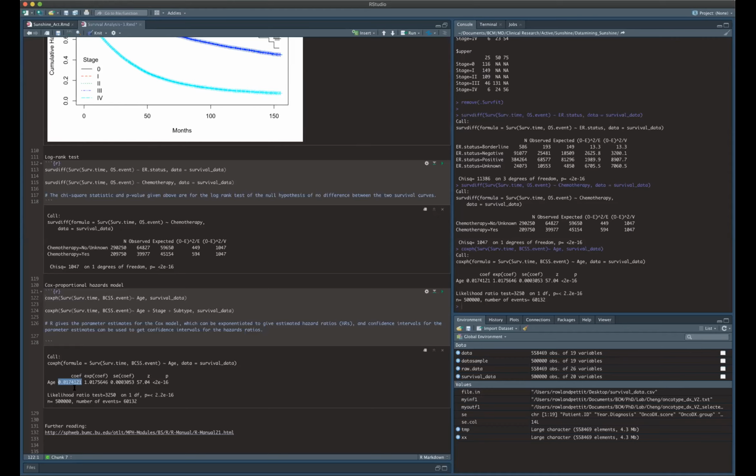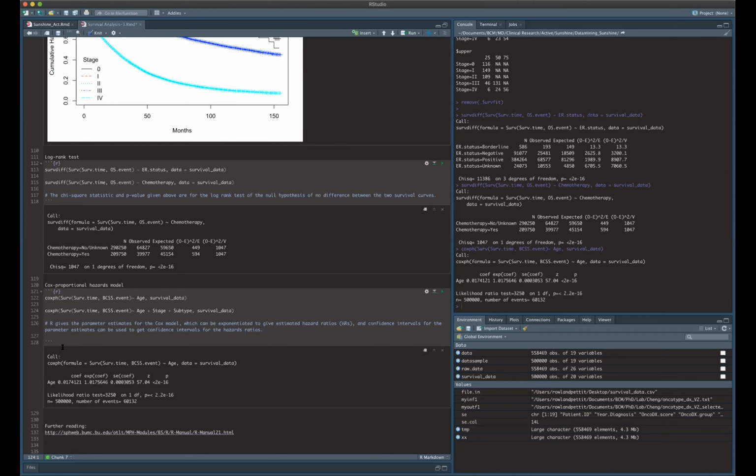If this is what the coefficient is, then the exponent of the coefficient can help you understand how age impacts the hazard. So this is what's known as the hazard here. If you want to read more about it, there's a link right down here that I thought was pretty good, a little online manual, okay? But what if we don't want to just look at how age impacts survival over time?